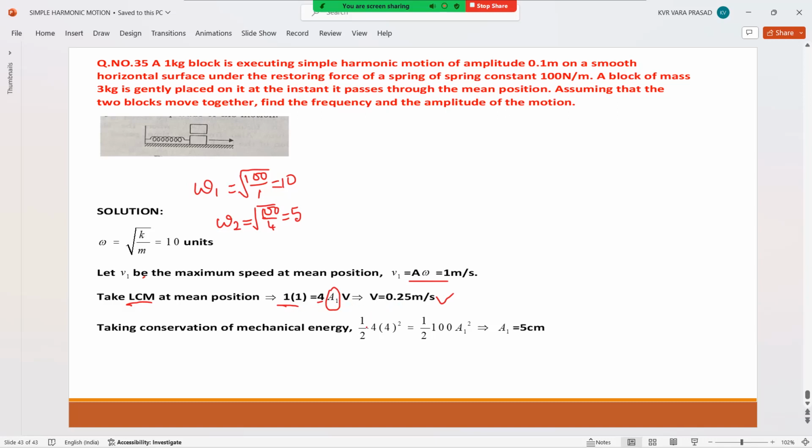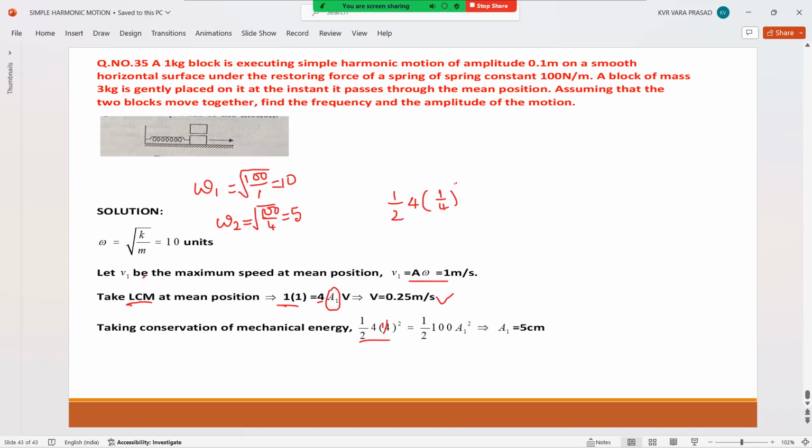Right. Now, kinetic energy at mean position is half into mass 4 and speed, this is actually 1 by 4. I have written wrong here. It is 1 by 4. I will write once again here. See equation. Writing half, mass is 4, speed is 1 by 4.